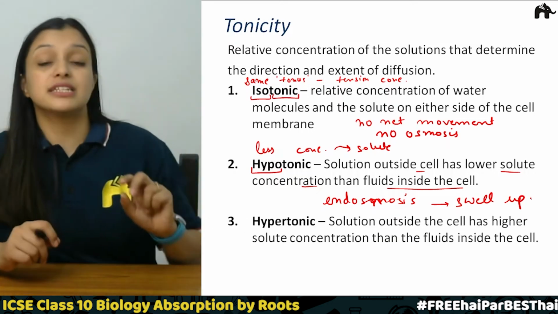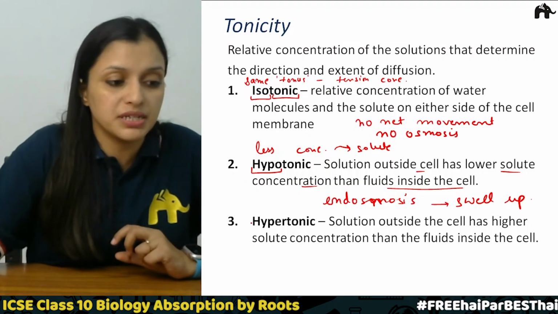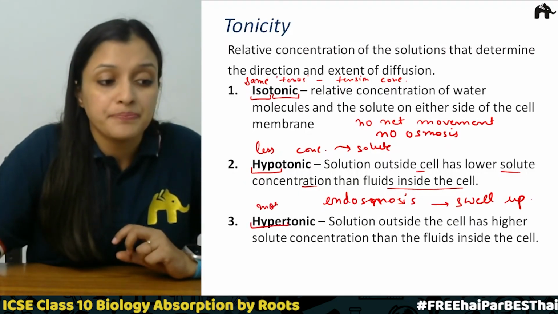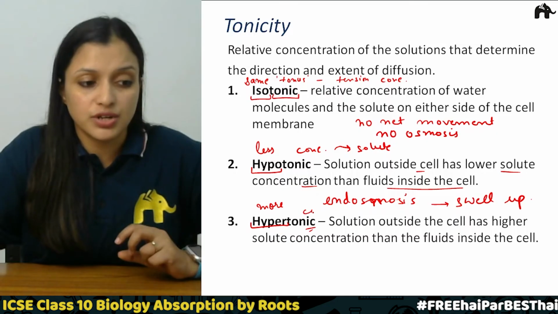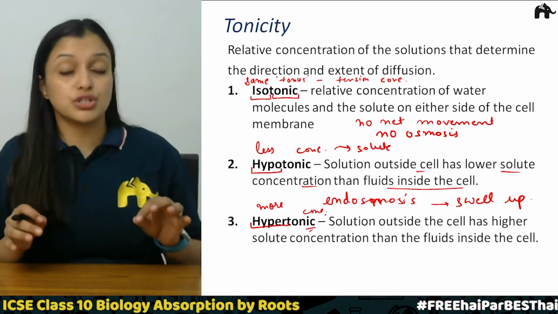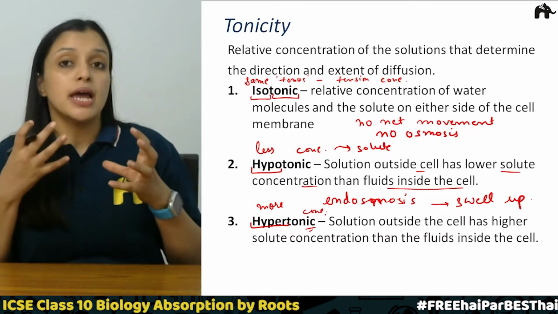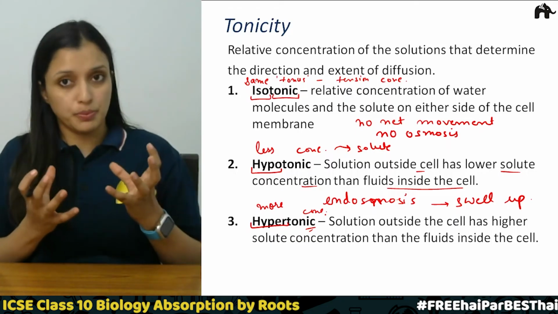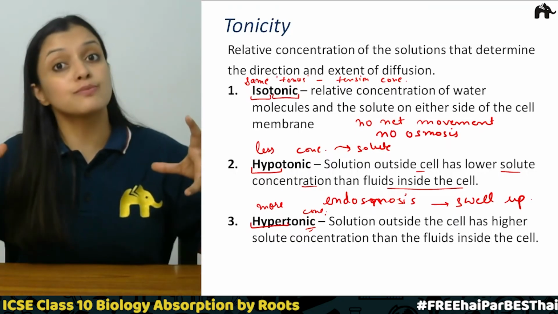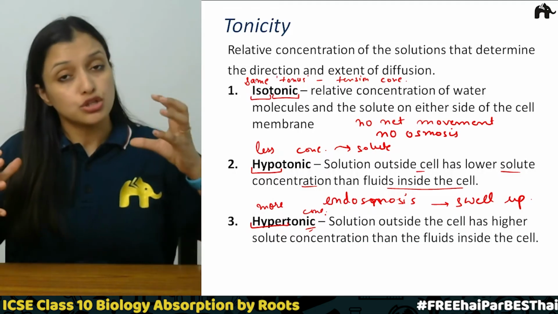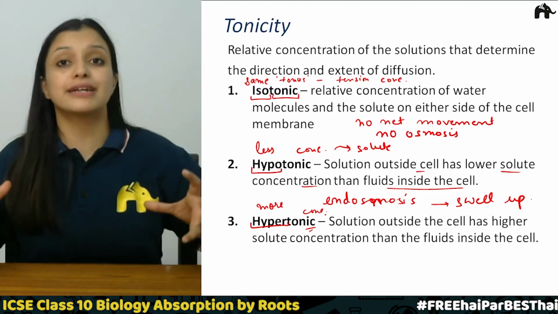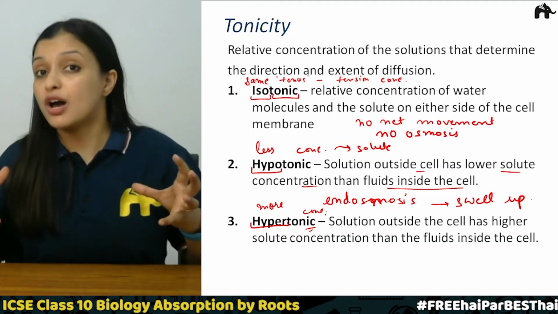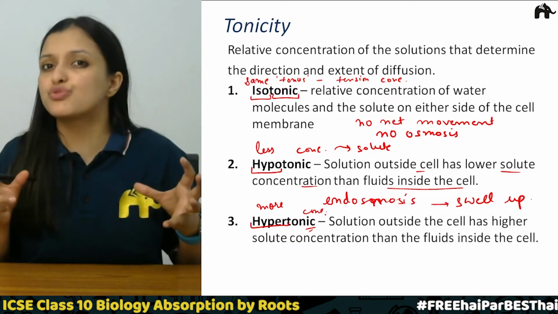Now the third is hypertonic. Hyper means more, so more concentration. It is a solution in which there is a cell and it is present in a solution that has more concentration of solute. So the solute outside the cell is more. Now what will happen? From where will be the movement of water?